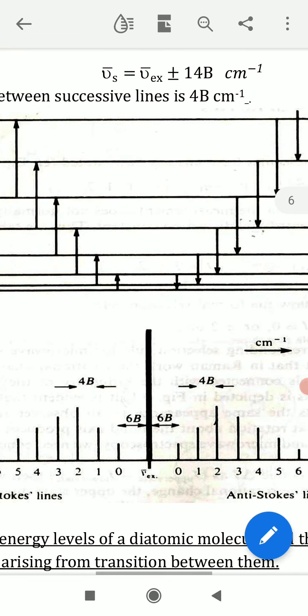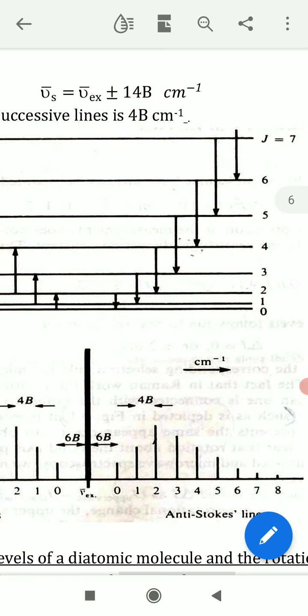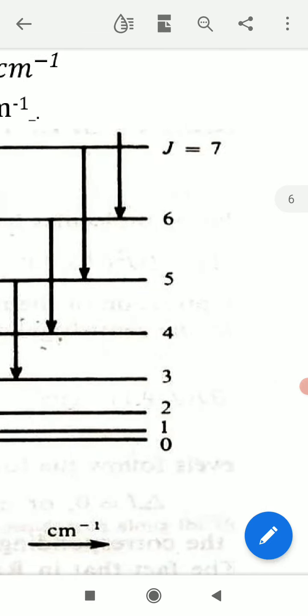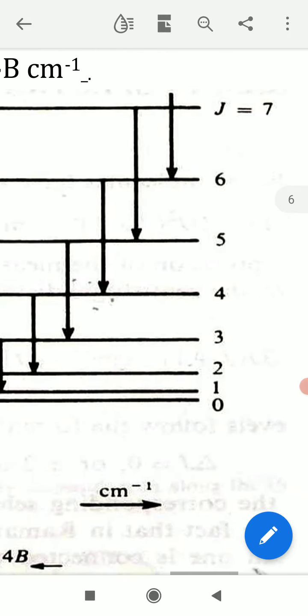In above figure different energy levels are formed corresponding to J equal to, these are the values of J having values 0, 1, 2, 3, 4, 5, 6 up to 7.